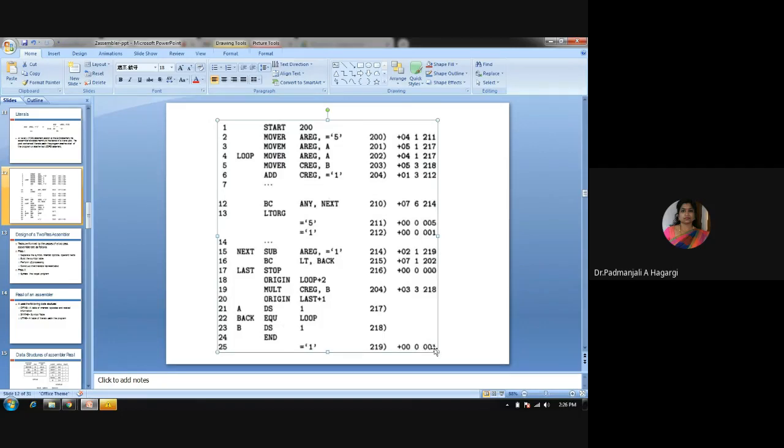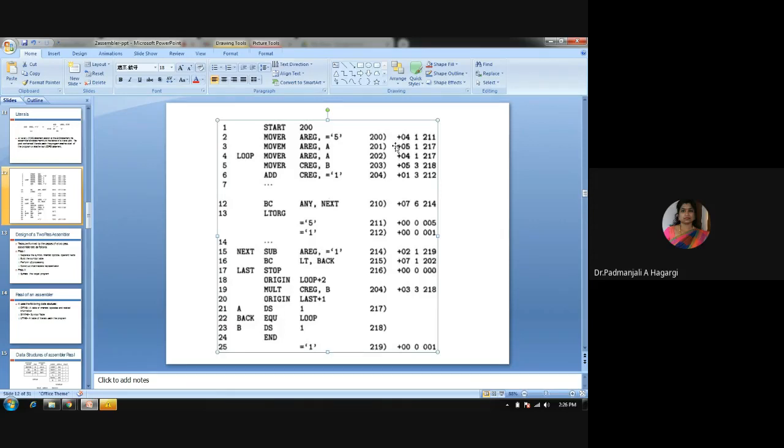With this it completes the complete object module, which is also called the object program. Now this object program will go for linking. Also, it will go for loading into the memory, by different loaders.